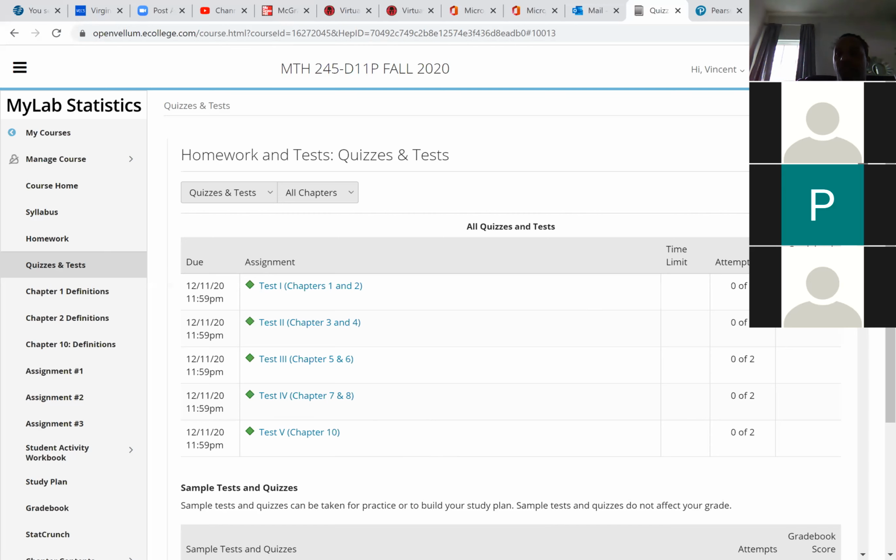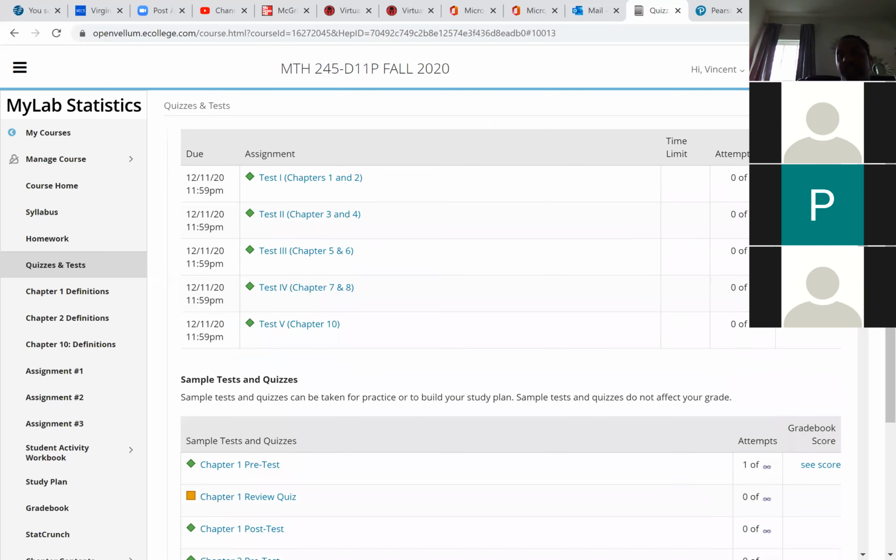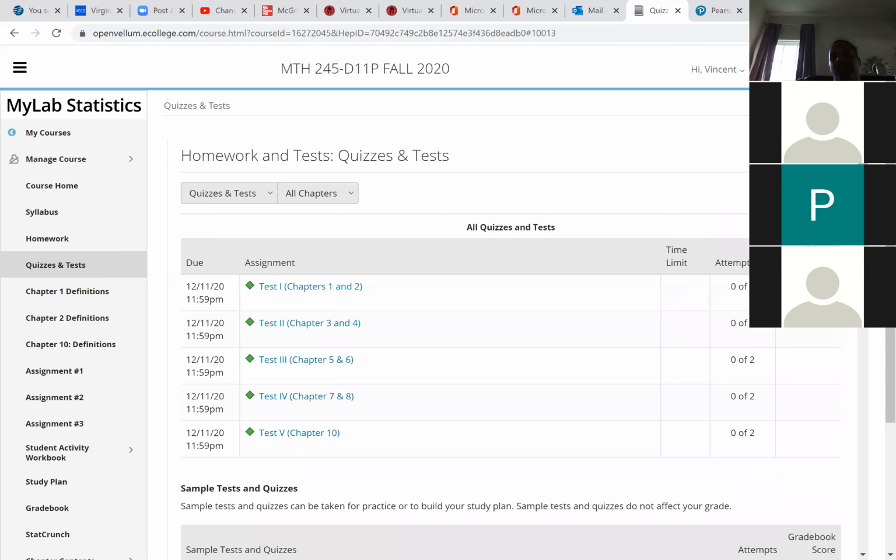And then also notice down here, it has sample tests and quizzes. I could not remove those, so please do not take them unless you just want to do some extra stuff. I don't even know what's on them, but there's stuff that MyMathLab has up there that I could not remove. If you see anything that says pre-test, review quiz, post-test, I didn't label any of that. I didn't create any of that. The only things that you have are tests and homework.